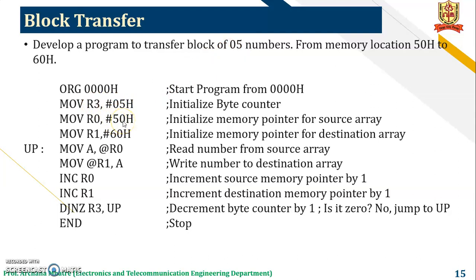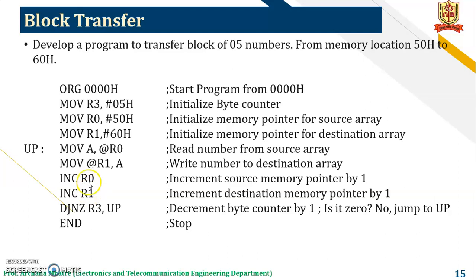Then initialize the memory pointer for the source array and the memory pointer for the destination array. The source is 50H, where the numbers are given, and the destination pointer is the 60H memory location. Fetch the first number from the 50H memory location to the accumulator, then transfer that accumulator number to the 60H location.